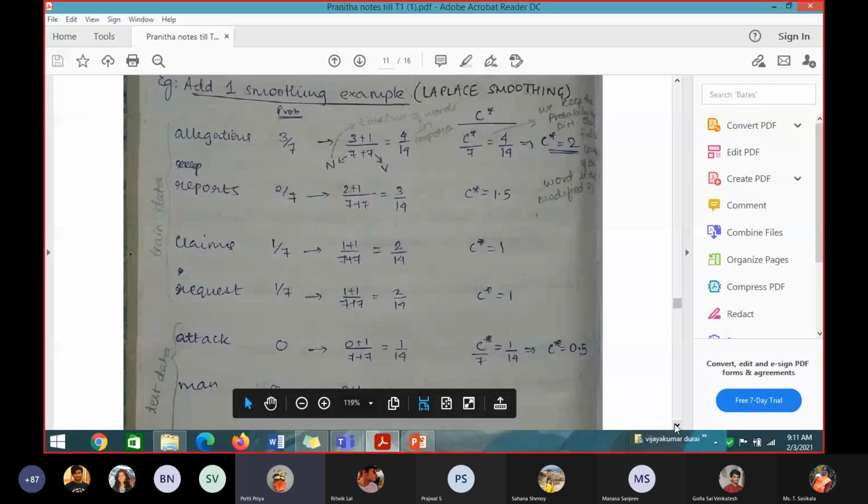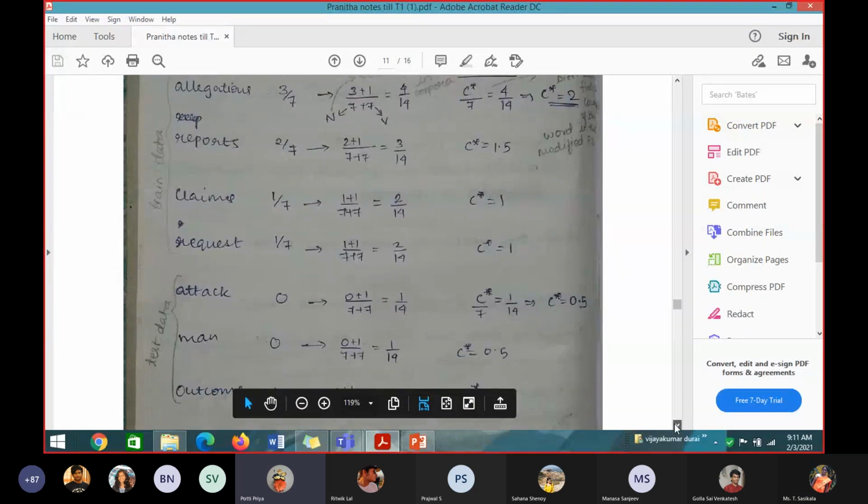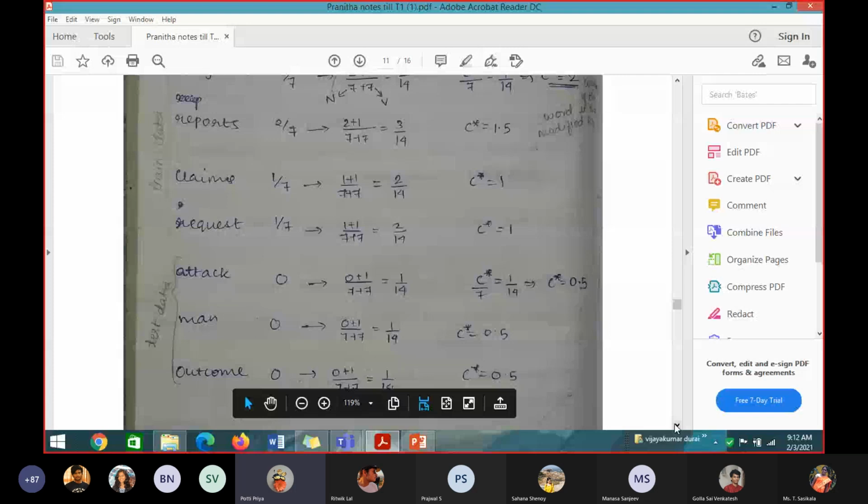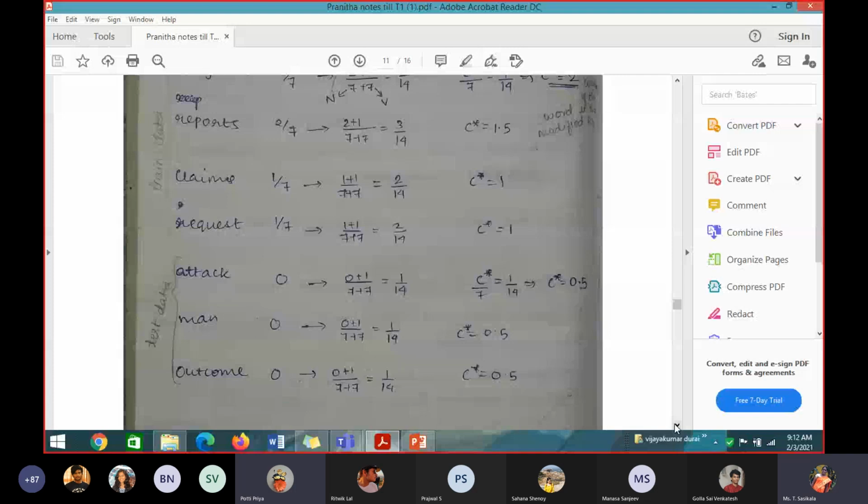Attack? Zero times means we have to pretend as if it is occurring k times. So what is the k value given? Add k, 1 smoothing. So you do that. 0.5 for all the testing data.